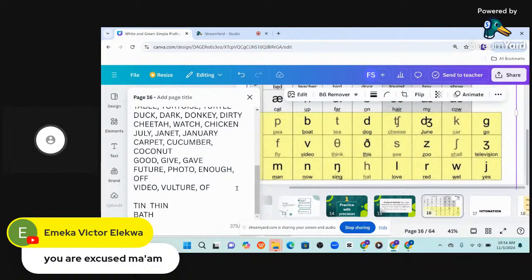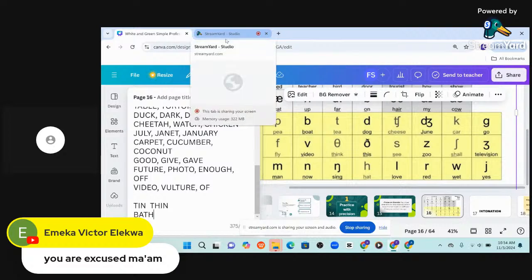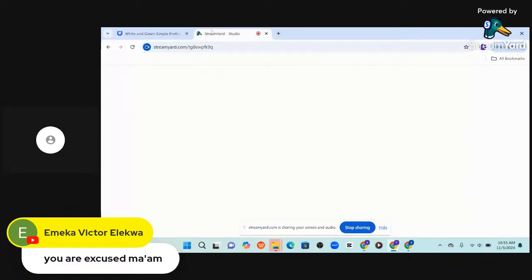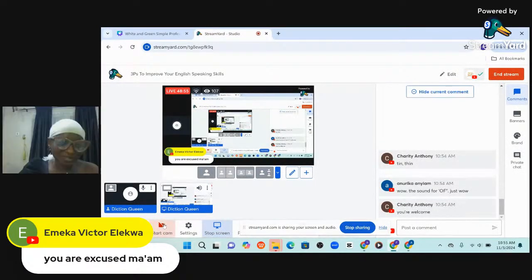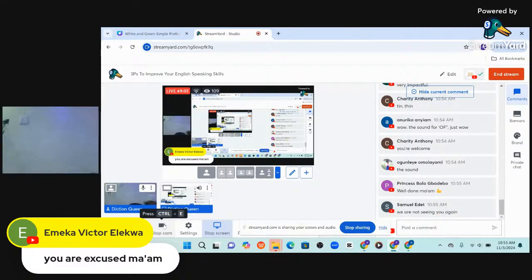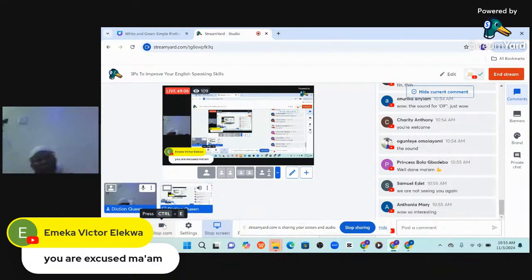I need to take a bath, not I need to bat. Another example is math. Math teacher, not mat teacher. Mat is M-A-T. But math is M-A-T-H. Your tongue should be outside.